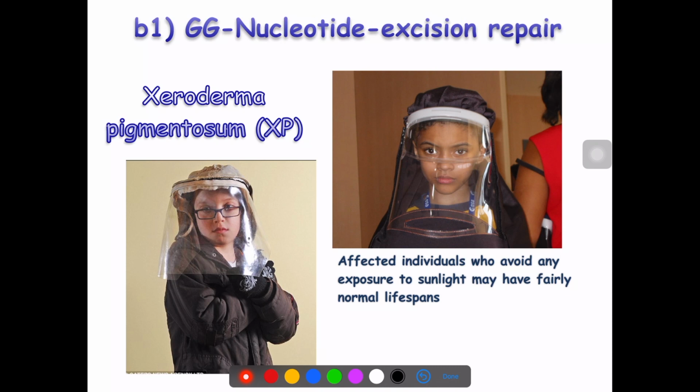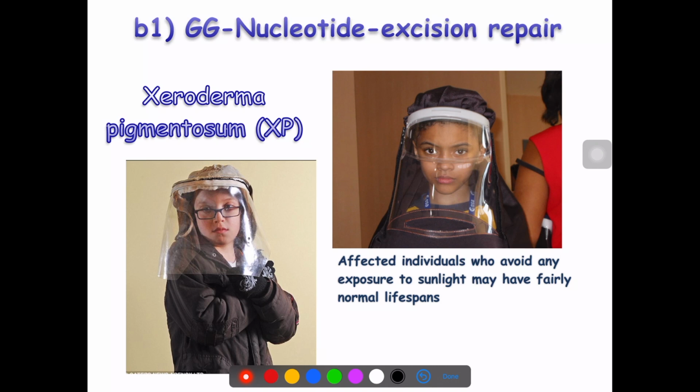And if that is done early on, the individuals that are affected by this type of defect in this DNA repair mechanism can have fairly normal lifespans and fairly normal phenotypes, as shown by these two individuals.